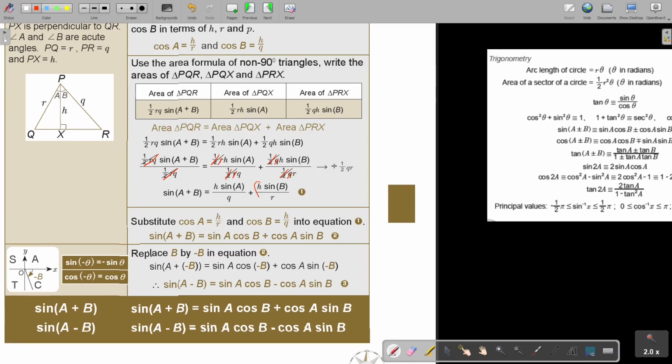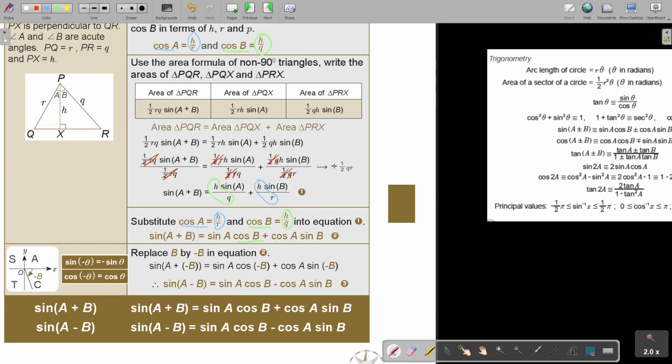So where you see h over r, you substitute cos A. And where you see h over q, you substitute cos B. So in the place of the green, as I showed you, you substitute sin A, and the green was cos B. And then the blue, what was the blue? It was h over r.